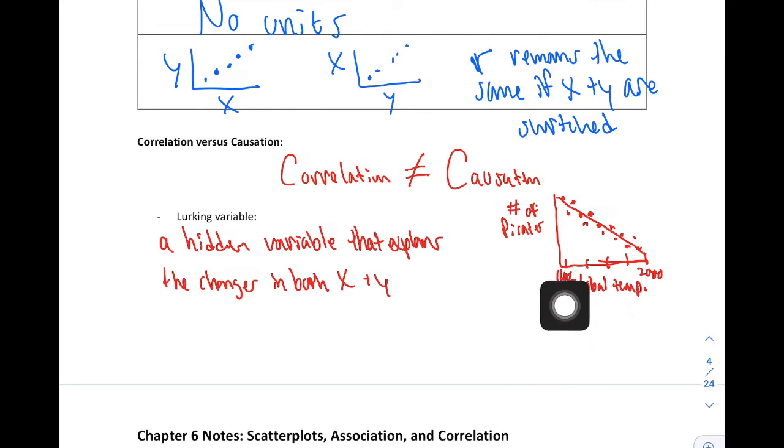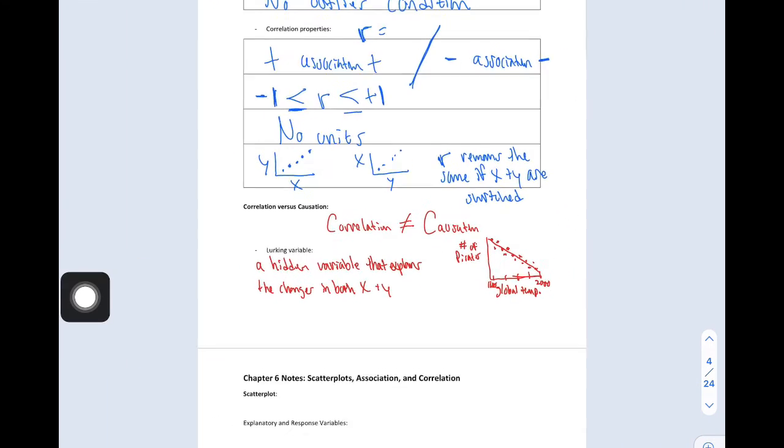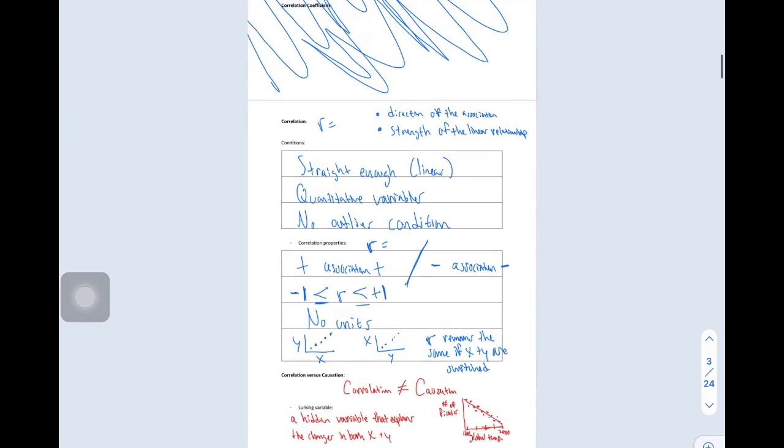And in terms of explaining why the temperature has increased, well, maybe we can look into something like global warming and seeing the amount of emissions that have been released by engines and stuff like that since 1600. So in that case, there'd be definitely a bunch of lurking variables. So we have to really examine why it is that there's a correlation here, not necessarily that these two are causing that.